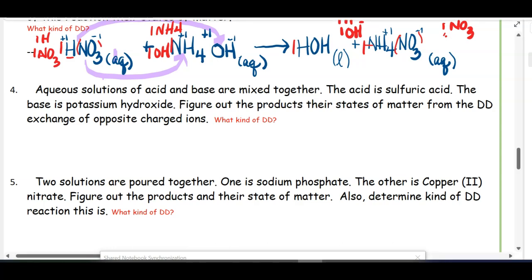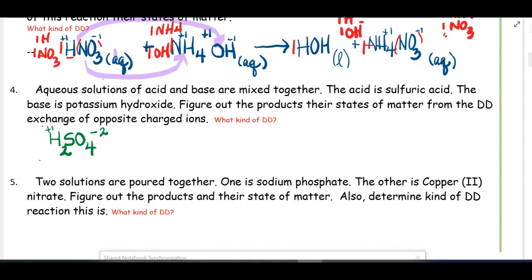So, hydrogen sulfate would be HSO4, correct? Sulfate has a -2 charge. Hydrogen has +1, so we know there's going to have to be 2 hydrogens in this correct formula.